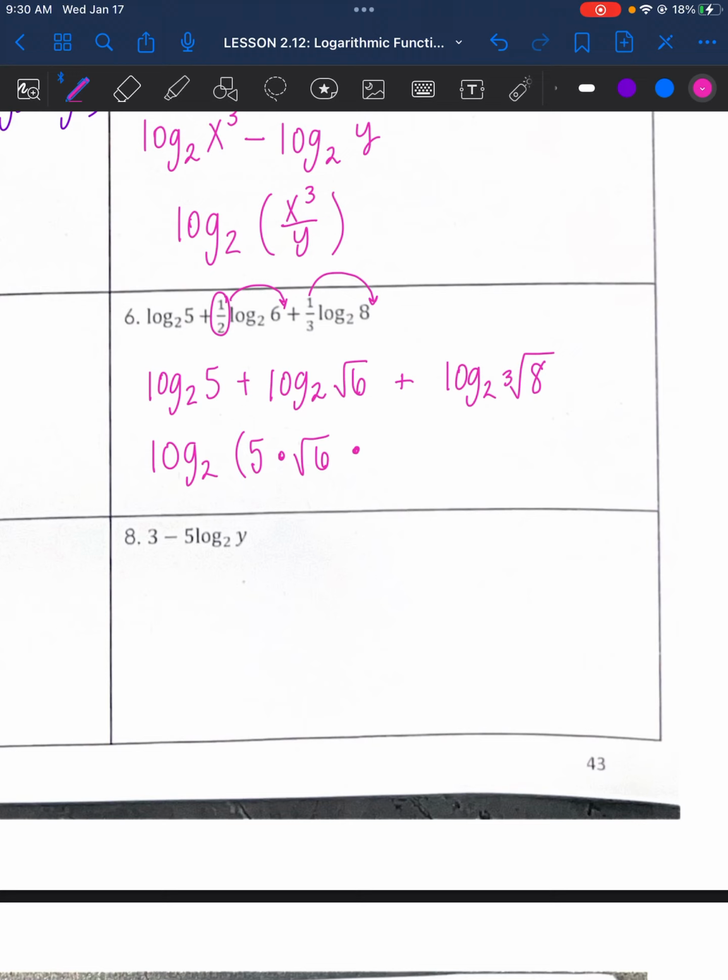Now the square root of 6 is not a whole number, but the cubed root of 8 is 2. So this really is 10 square root of 6, because 5 times 2 is 10.